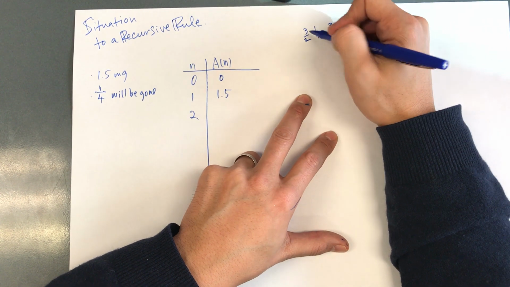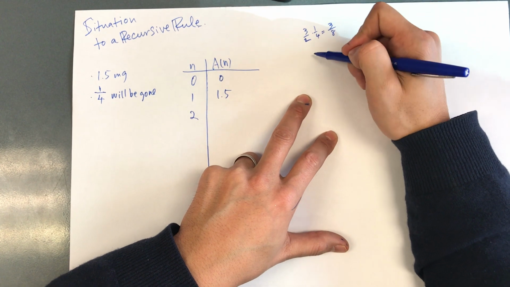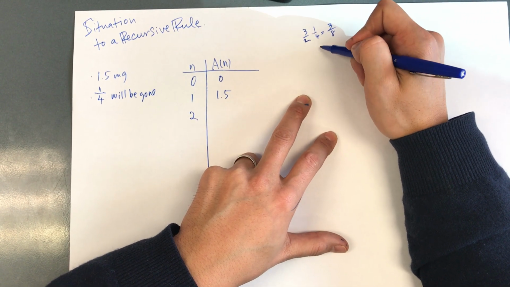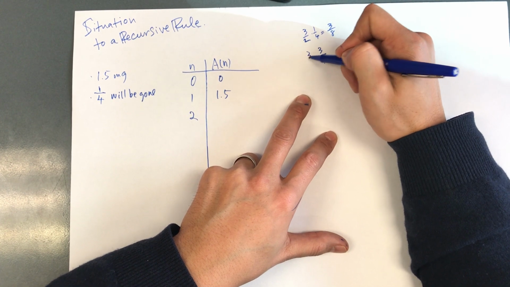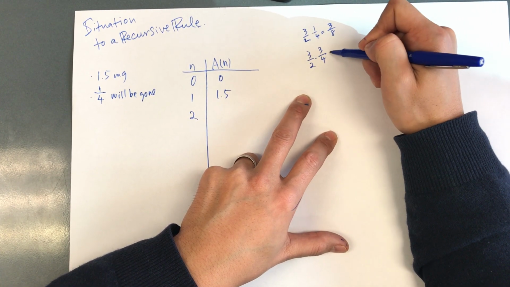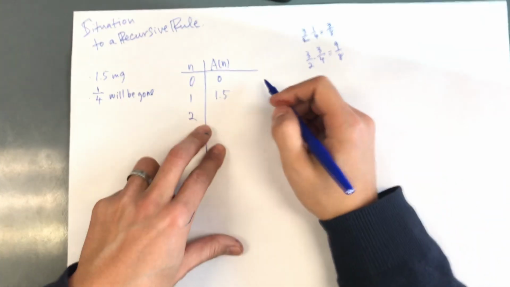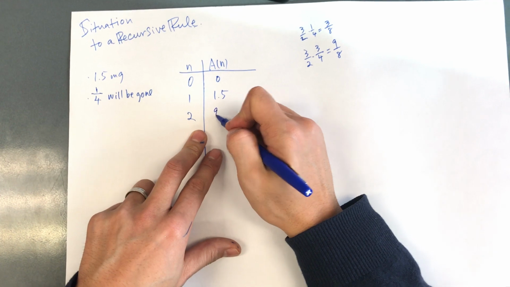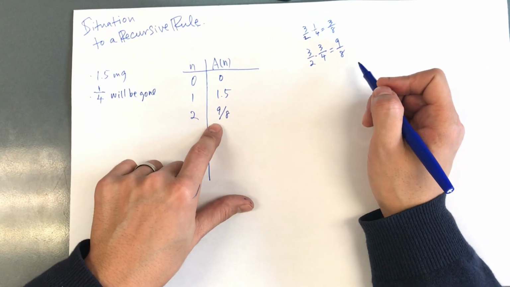So 3/8 is going to be gone from 3/2. So in other words, she's going to have 3/4 of 1.5 staying there, right? So that's going to be 9/8. So I'm going to use the fraction because it's pretty easy. So 9/8 is going to stay in her body, right?